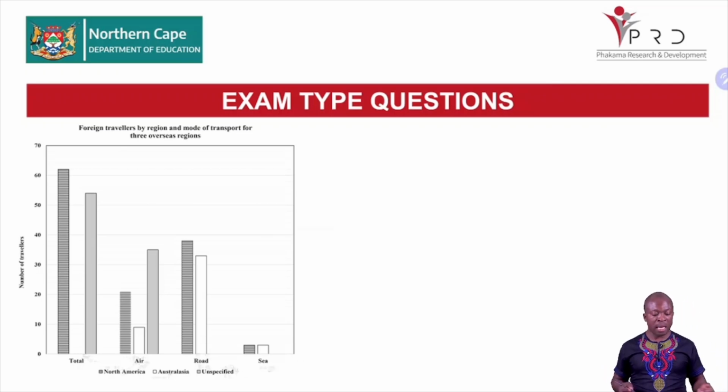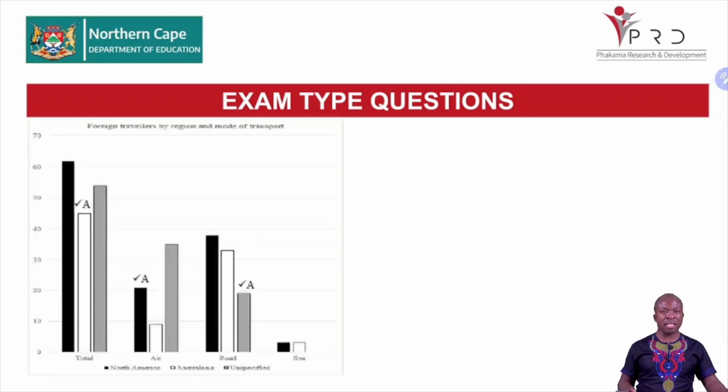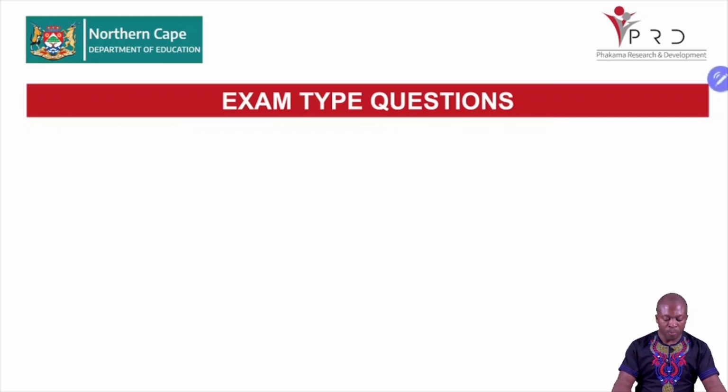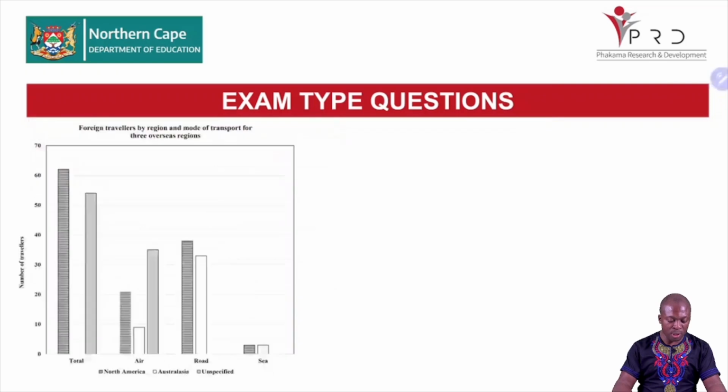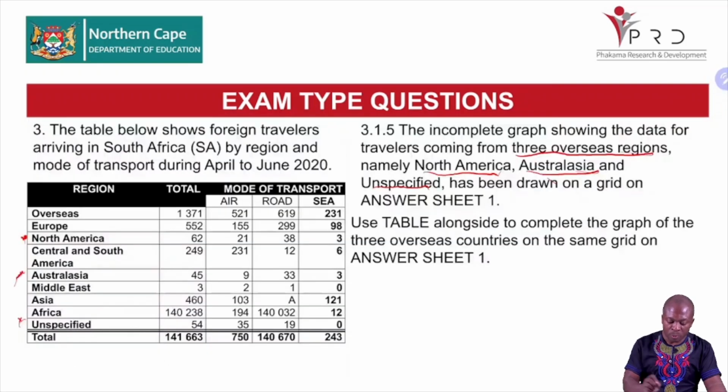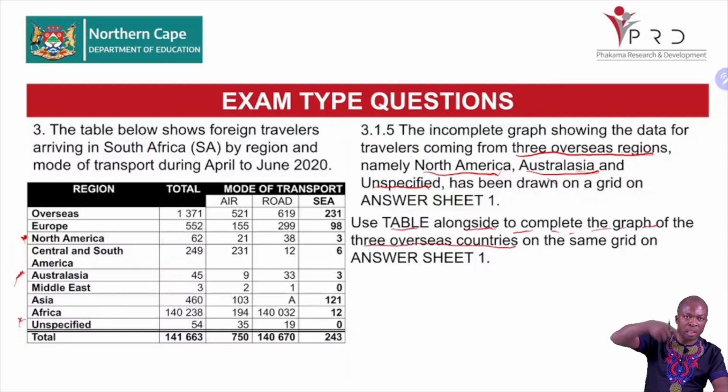So now there is the graph. Then they are starting to ask you to draw. Let's go back so that you get to see what you were supposed to do there. It says use the table alongside to complete the graph of the 3 overseas countries. So I wanted you to slot in. I hope you ask the teachers to give you the graph paper so that you can practice.